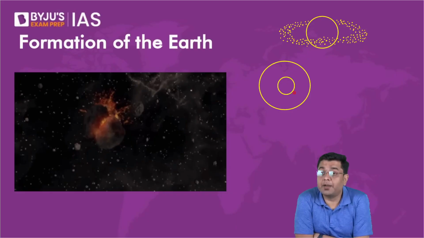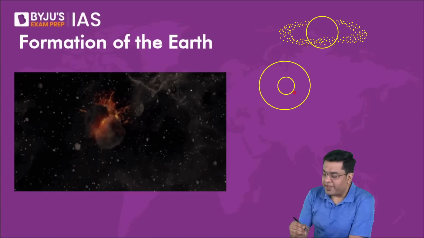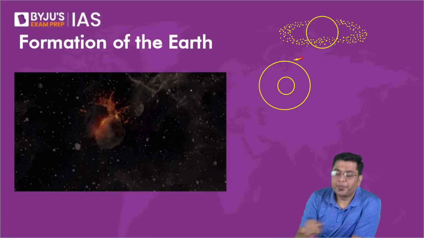Would it have started from the surface, or from the interior itself? Where do you think? From the outside or from the inside? Correct. From the surface. It is the surface which started to cool down.